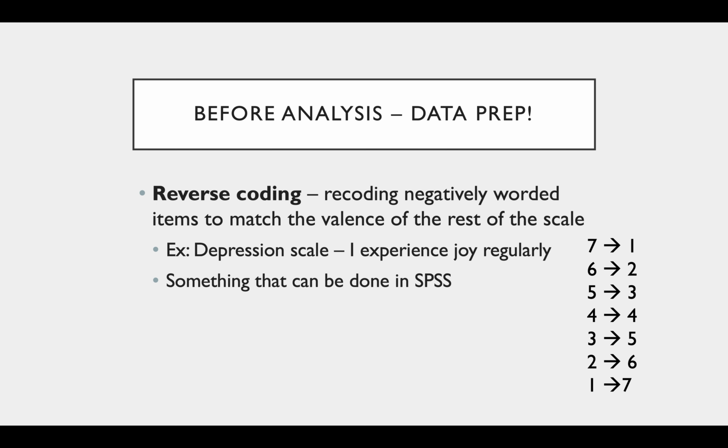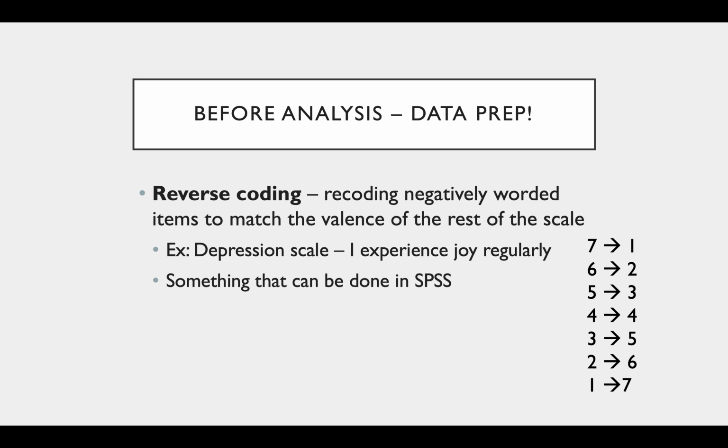So for example, if you have a depression scale and one of the items is "I experience joy regularly," you may have to flip the responses so that if someone answered a 7, it then becomes a 1. If they answered a 6, it then becomes a 2, so on and so forth. So that then essentially higher scores indicate more depression.